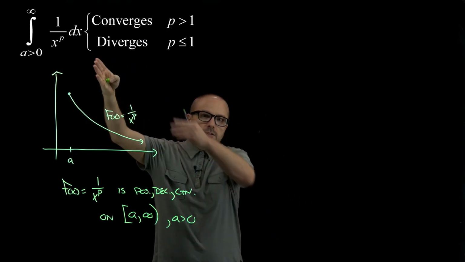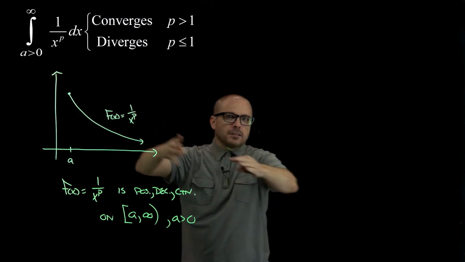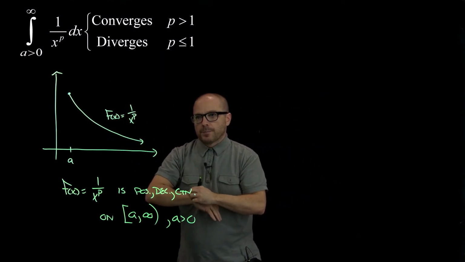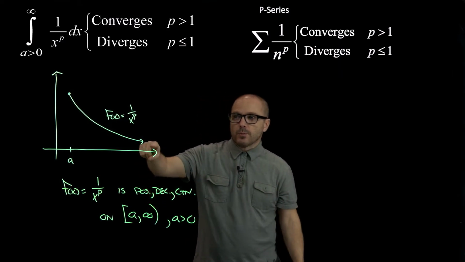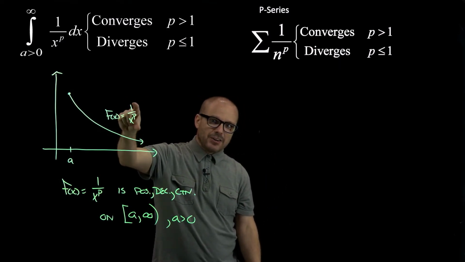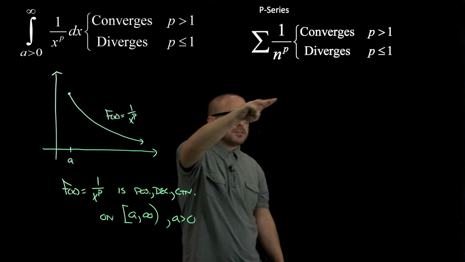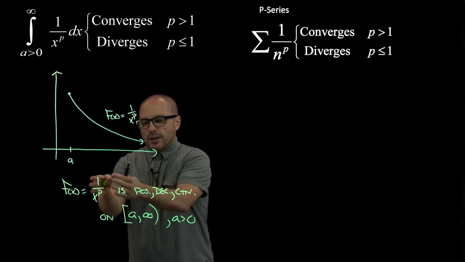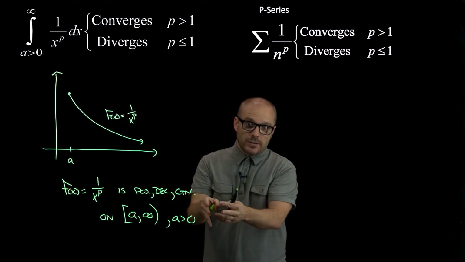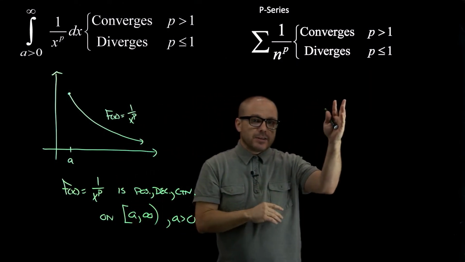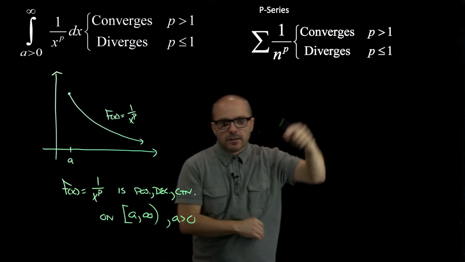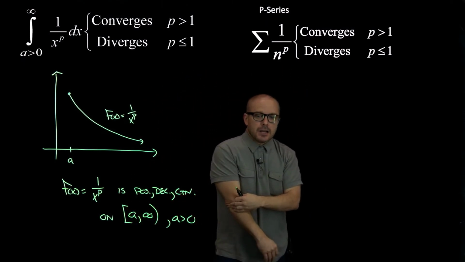So what we'd like to do is just port over this fact to p-series. We're going to call the corresponding series to this function a p-series. And because of the integral test, we know that a function that's positive, decreasing, continuous, whatever its integral does, the series does. So now we have this new fact that we kind of inherited from integrals.